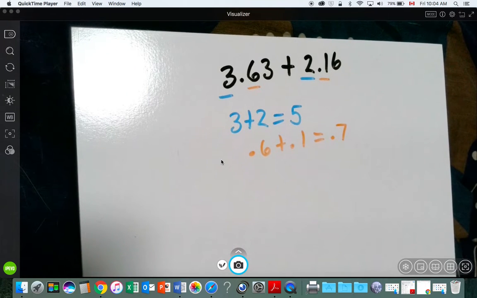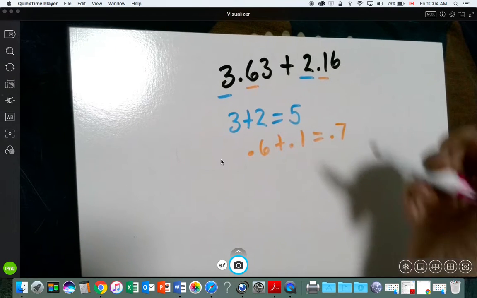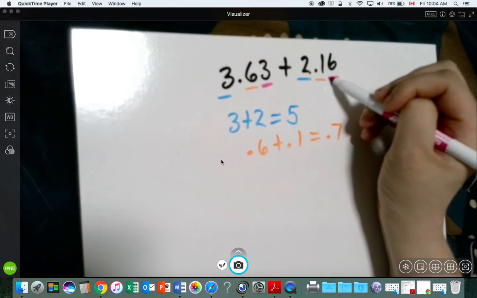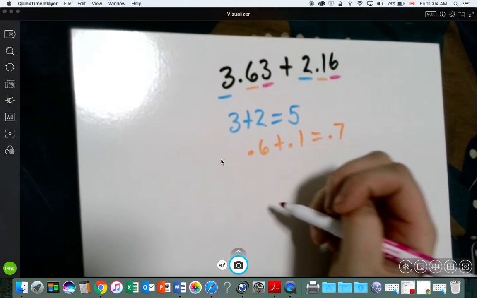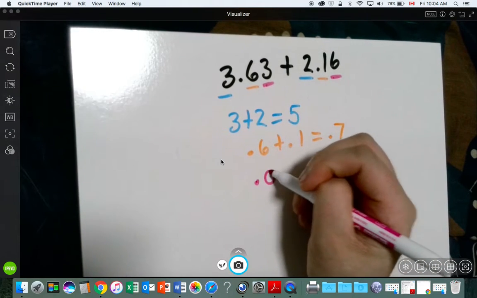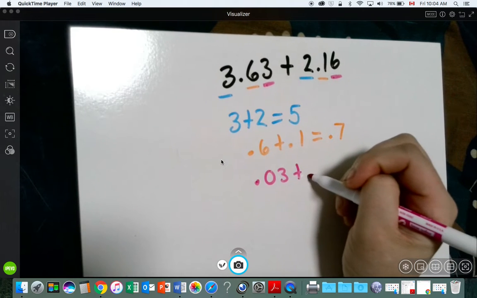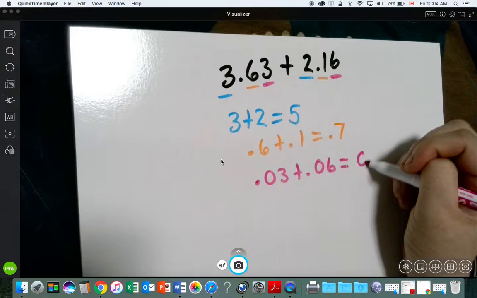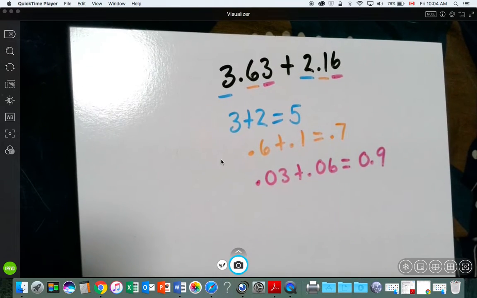All right, and then our last step is to take our hundredths column, and that number is 0.03 plus 0.06, and that gives us 0.09.